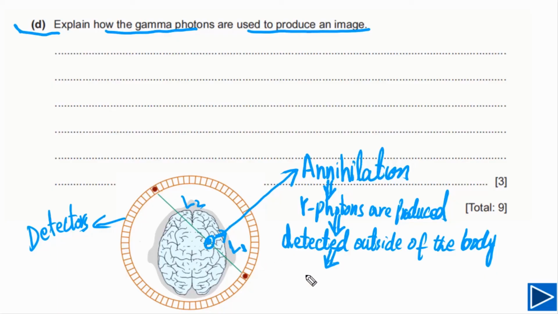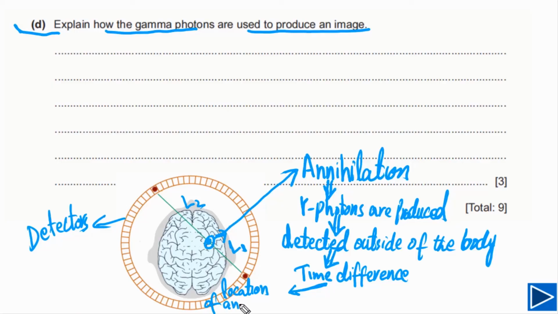So it simply means that they will be detected by the detectors at different times, or we can say there will be a time difference. The computer uses that time difference, which is in nanoseconds, to locate the annihilation process, the location of annihilation.